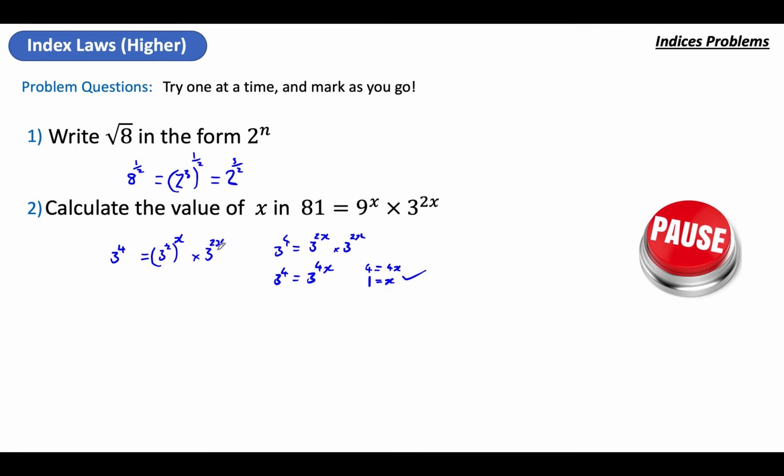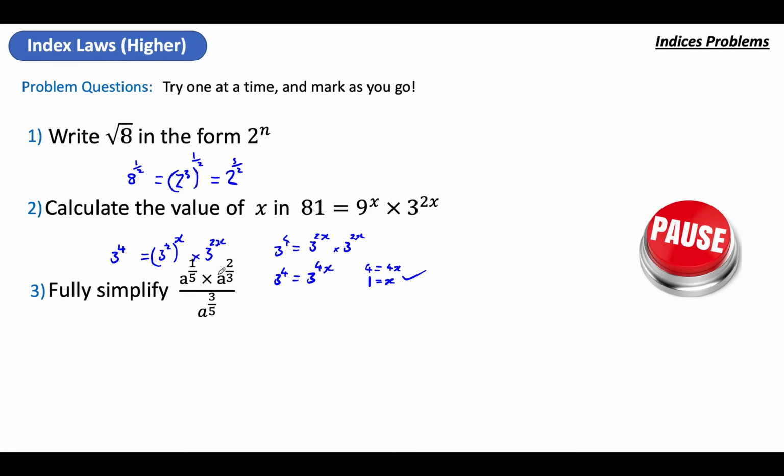So the trick here is to write it all as the same base number and then simplify, and keep simplifying until you've got the same base numbers and the powers must be equal. In that case, you set up a little equation, one on either side of that equal sign, and solve it. Now in this case, it's really easy because x was 1, but if you set up a little equation there and then solve, you'll always get the answer.